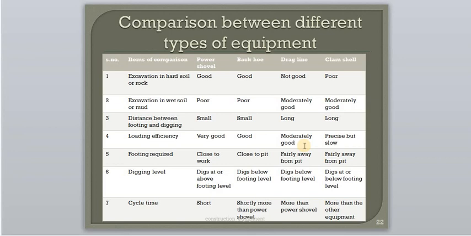Again, these are short comparisons between the different types of equipment. First, excavation in hard soil or rock. When we are excavating in hard soil, the power shovel has good quality, so we can use the power shovel. The power shovel can be used for excavation in hard soil or rocks, and the backhoe can also be used.